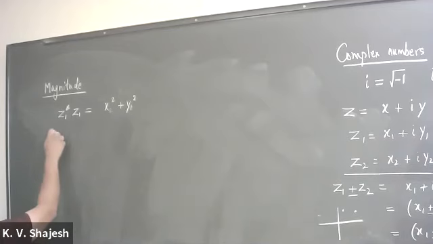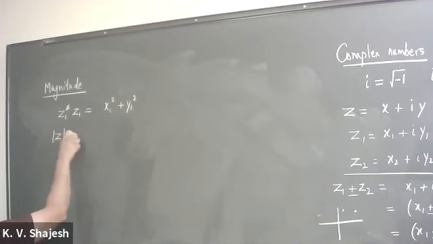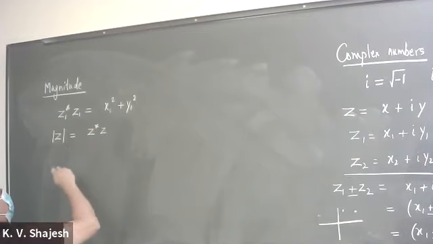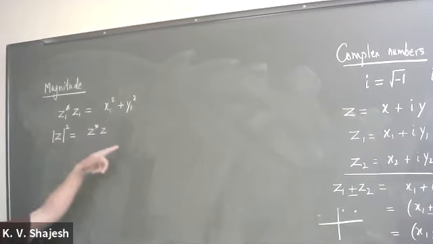And this we will say is the magnitude of a complex number. So we will define what is called the magnitude of a complex number. The magnitude squared will be z star times z.